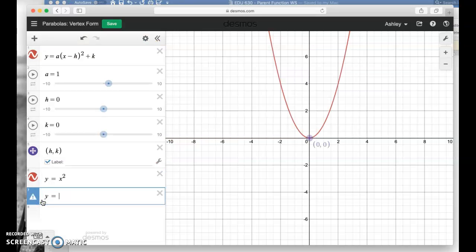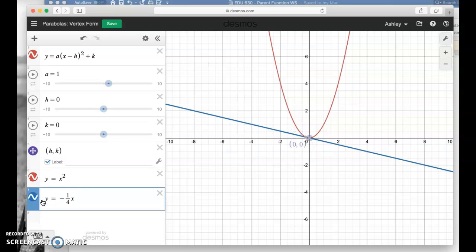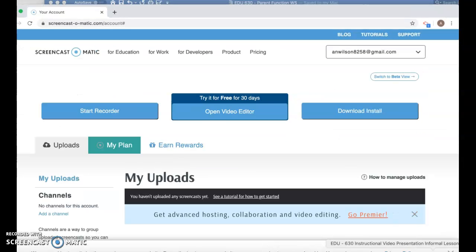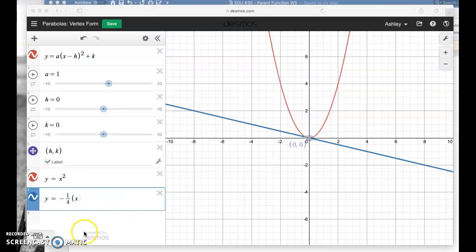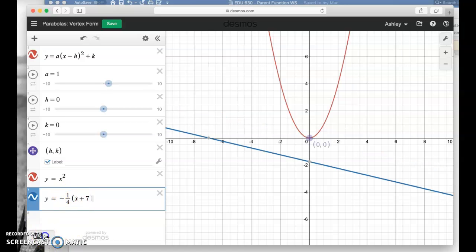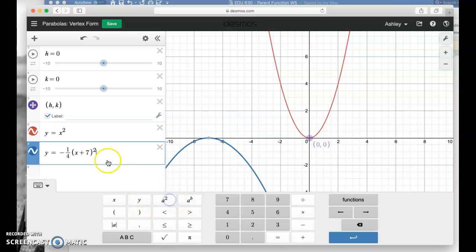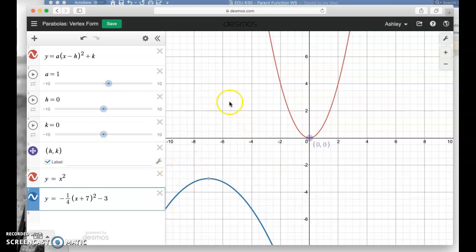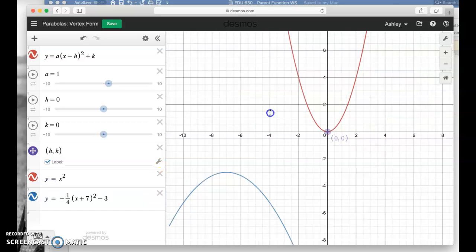So y equals negative 1/4, and then our parentheses, and it was x plus 7 squared minus 3. So x plus 7, remember our squared is down here, minus 3. So now if you lower that, now we can actually see what is happening to our graph.